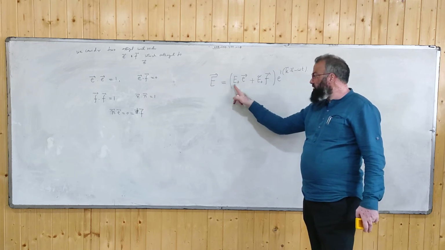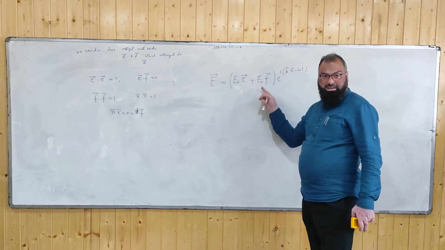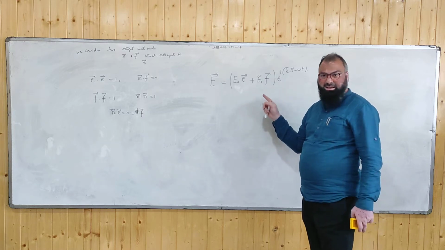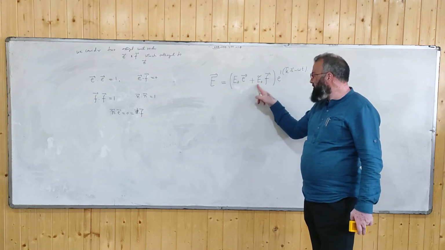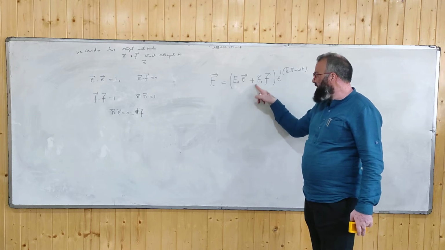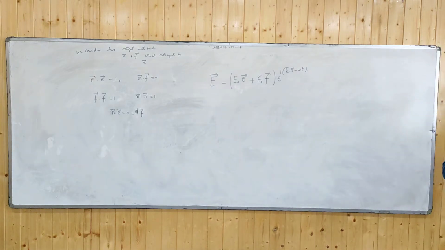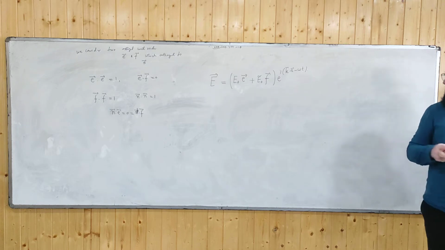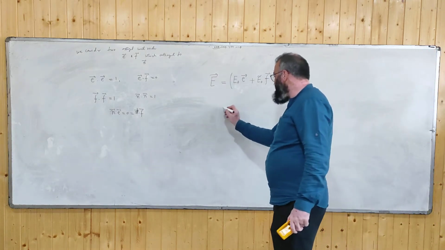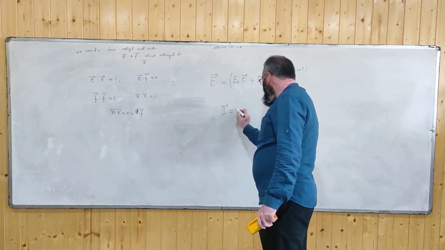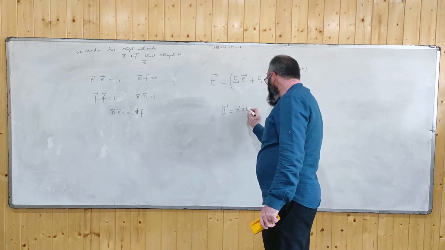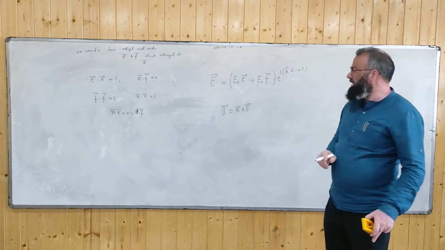So how you choose these E0 and E0 tilde, or E0 prime, how you choose these two constants or two numbers, that will determine the polarization of the wave. Clear? So, you got my point? And B is determined simply by n cross E, where n is the direction.